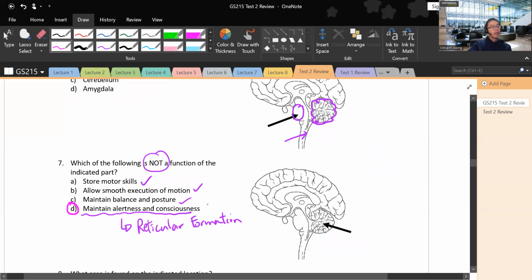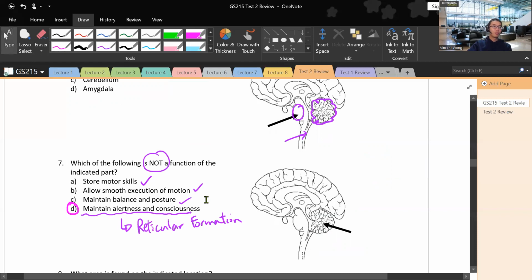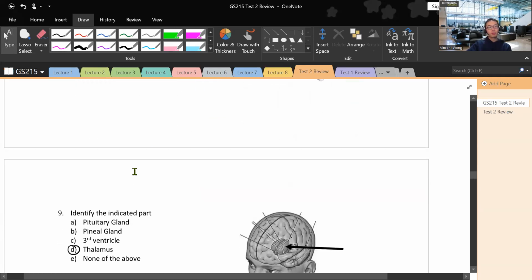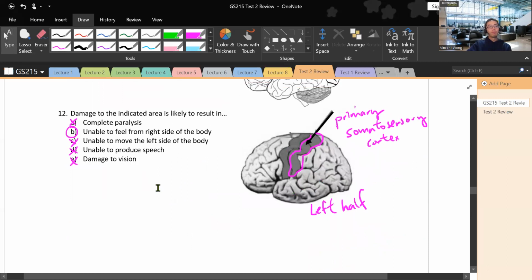Hima asks, if you damage the primary motor cortex, yes, but not full paralysis. It depends which primary motor cortex. If you damage the left primary motor cortex, then the right half of the body would be paralyzed. If it's the right, then it's the left side.